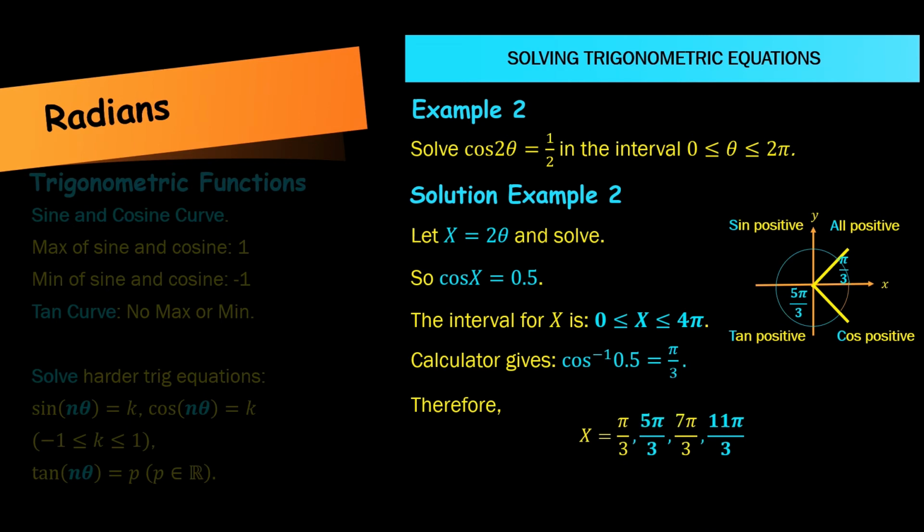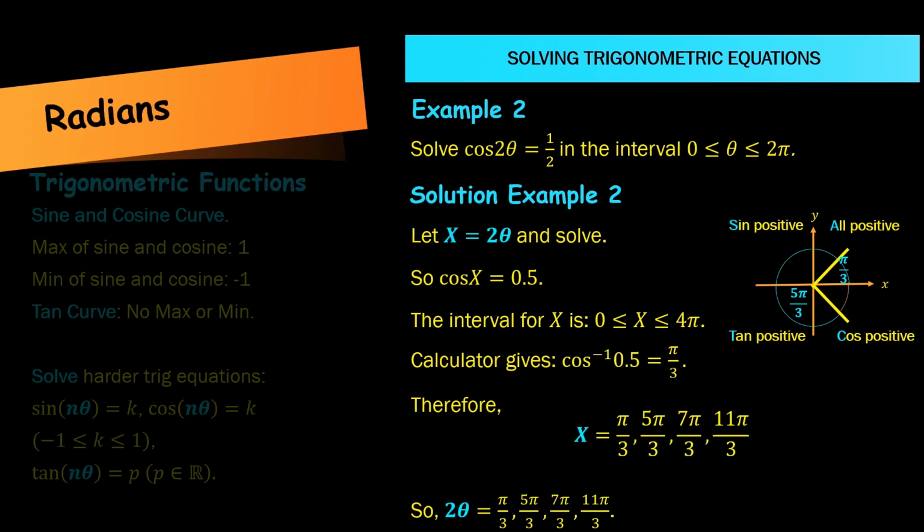And 11 pi by 3 is obtained by adding 2 pi to 5 pi by 3. And therefore 2 theta equals pi by 3, 5 pi by 3, 7 pi by 3, and 11 pi by 3.